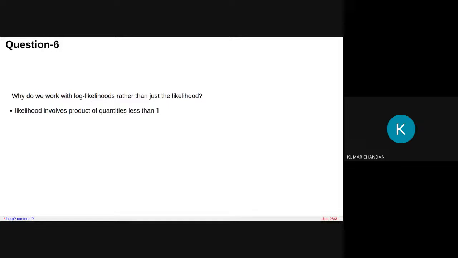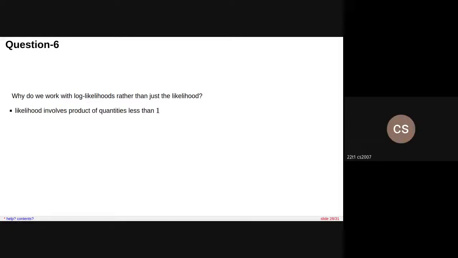Taking the log of any function changes the values but doesn't change the orientation, the location of the maxima and minima. That's why it is good to use the log.